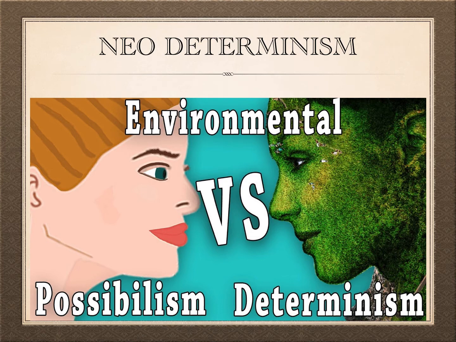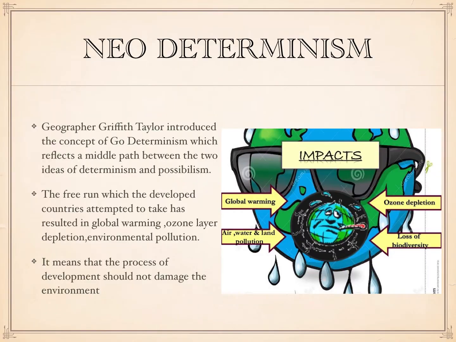So now comes a new theory which doesn't want to remain determinism and cannot follow the path of possibilism, and that is neo-determinism. The reason is, if we follow the path of possibilism, the impacts of the development process can be seen in terms of global warming, ozone depletion, air, water, and land pollution, and loss of biodiversity.